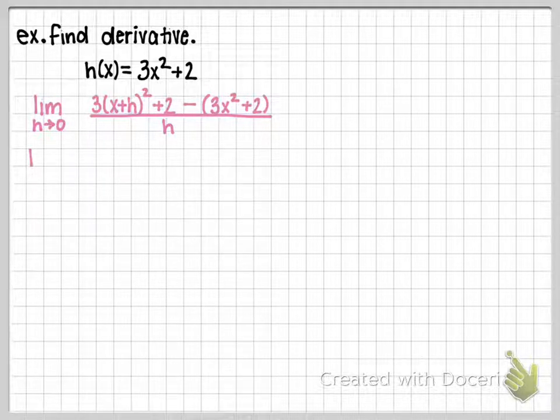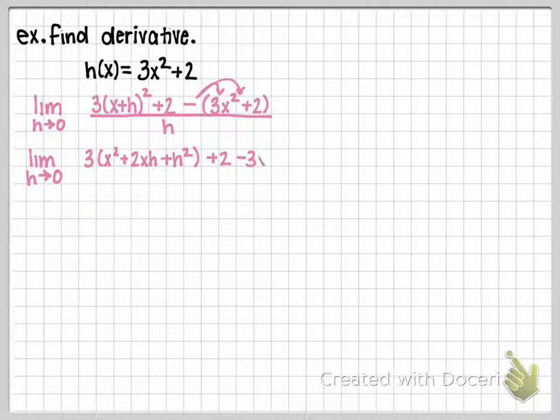So we'll start to do a little bit of simplifying. I'll have the limit as h approaches 0 of 3 times x squared plus 2xh plus h squared, like we did last time, plus 2. And then we can distribute out that negative to my function, so we'll have minus 3x squared minus 2, and then all of that will go over h.